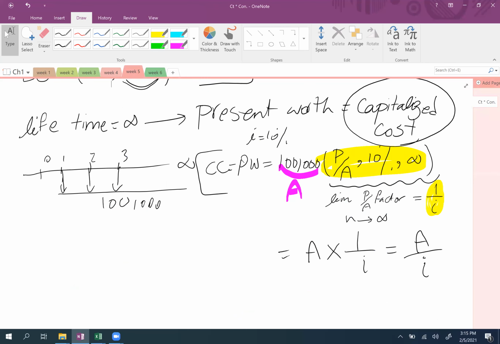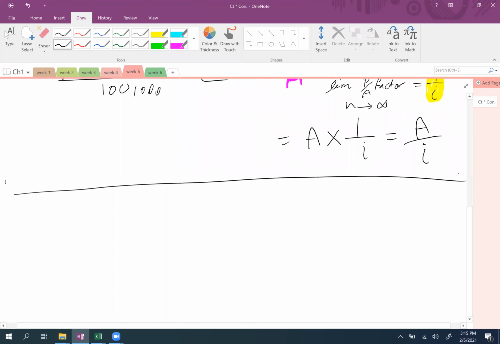So I just wanted to provide another example of the scenario where lifetime is equal to infinity, and you have some costs that are recurring, for example, every 5 years or every year, and then we want to know how to calculate the capitalized cost of that project.